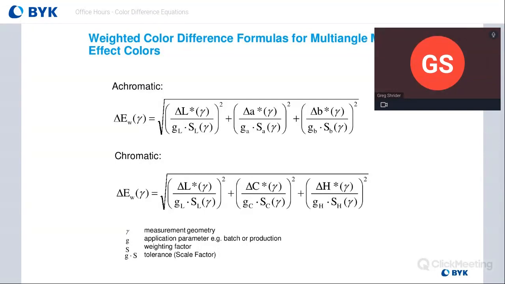So you might, for example, be achromatic at a near specular angle, and then as you get further away from specular, you might become more chromatic. So you might report things in terms of LAB in one part of your report, and that might switch to LCH in another part of the report.